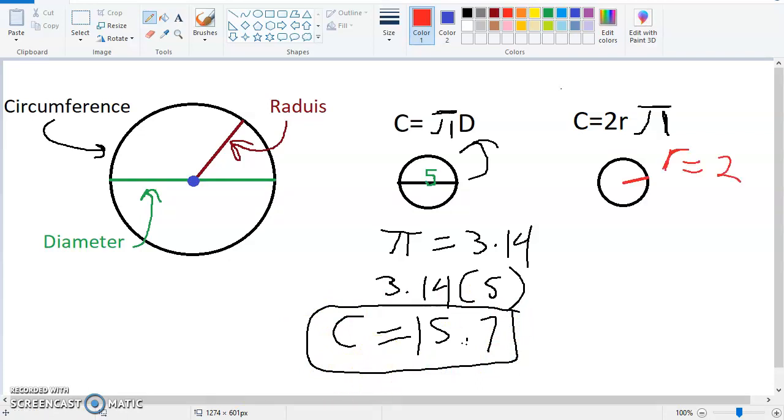This next question is going to have the radius equal to 2. Given a circle with a radius equal to 2, what is the circumference of the circle? You're going to be using this formula since you're given the radius and not the diameter. So you start with multiplying your radius by 2. So 2 times 2, and then times pi, which we're going to say is 3.14.